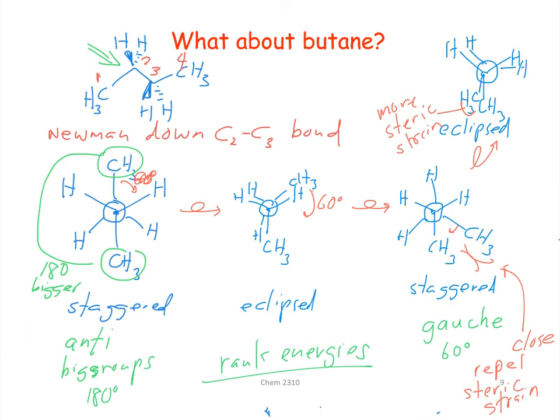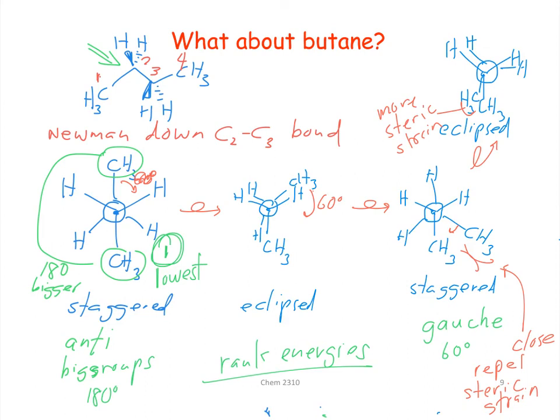Okay, so which of these four structures do we think would be lowest in energy? The first one, right? This is lowest. Which do we think would be second? The other staggered. Staggered is always going to be lower than eclipsed.